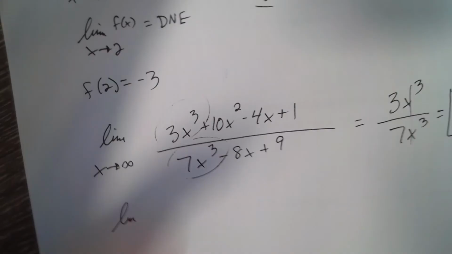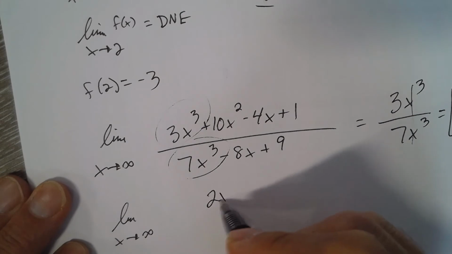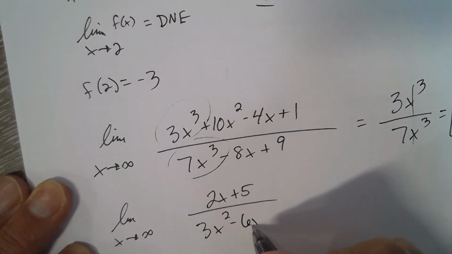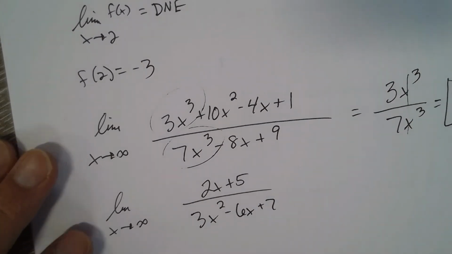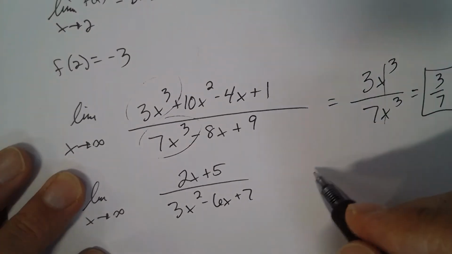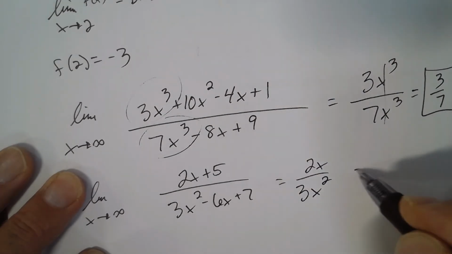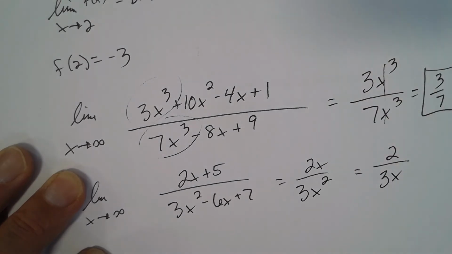Another example, as x goes to infinity, of 2x plus 5 over 3x squared minus 6x plus 7. Well, the end behavior model of this would be 2x over 3x squared, which becomes 2 over 3x.